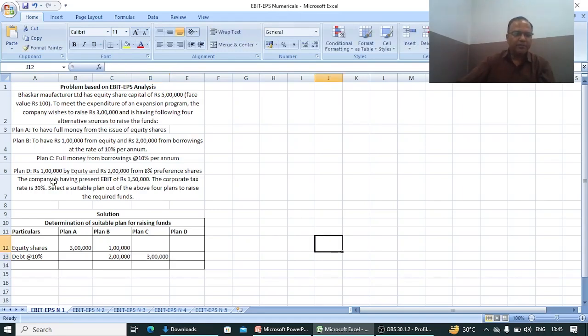Now plan D, 1 lakh by equity and 2 lakh from preference share. 1 lakh by equity and here preference share 8% preference share.